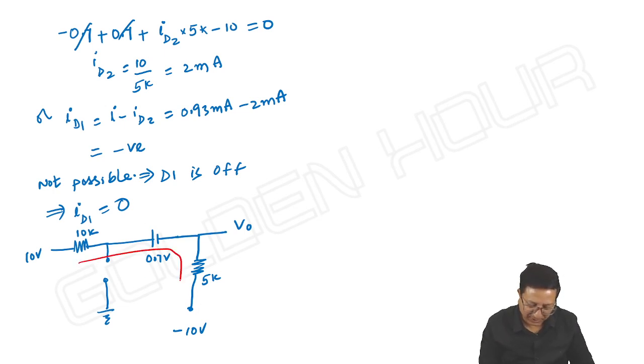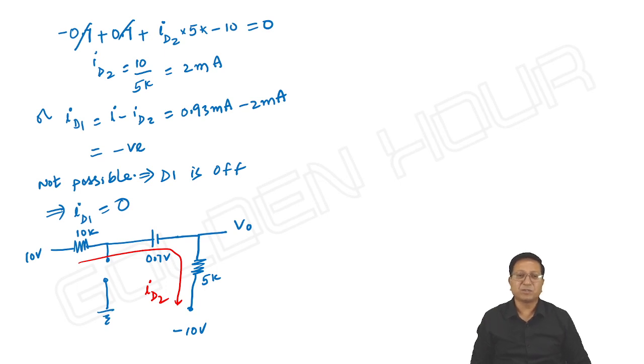For finding the output, there are two ways. We can find ID2, then V output is equal to ID2 into 5K minus 10 volts. Instead of that, I'm just taking the node equation.